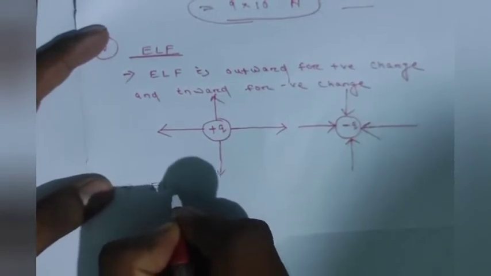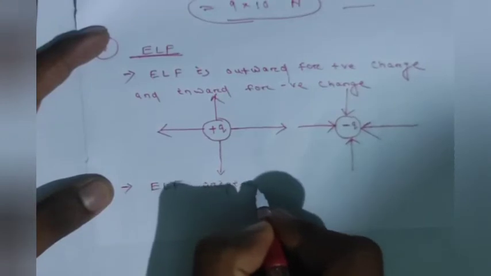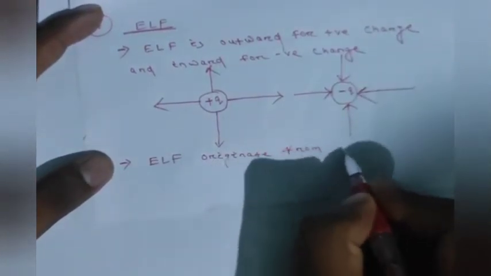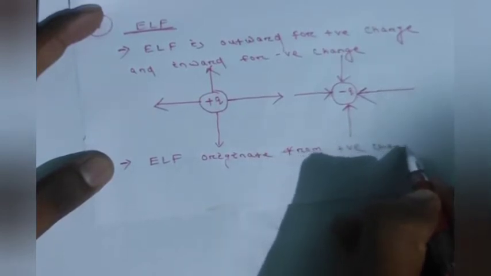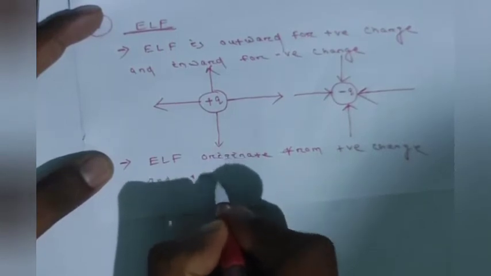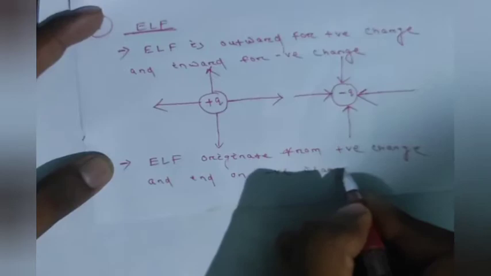So the second point is electric lines of force originate from positive charge and end on negative charge.